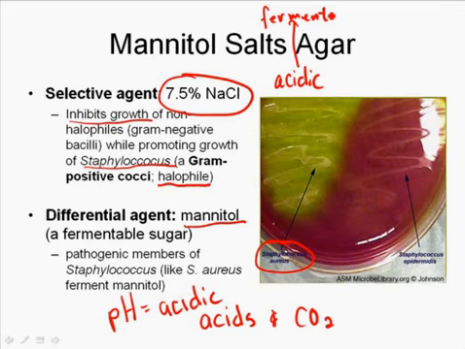We can see there is no change in the color. Therefore, no acid was produced because there was no fermentation. So that is differential. We see both members of staph grew, yet they look very different on a plate.